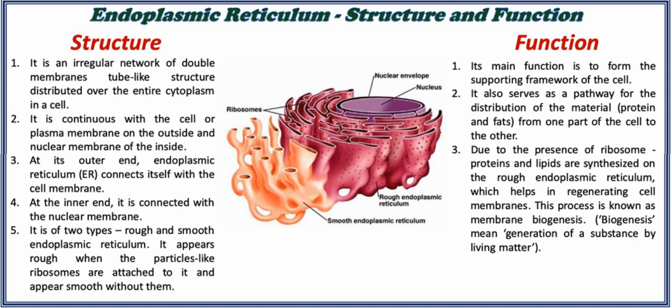Now, coming to the rough endoplasmic reticulum. We know that it contains ribosomes and ribosomes form protein. Then what is the function of rough endoplasmic reticulum? Well, it helps the ribosomes to produce protein.